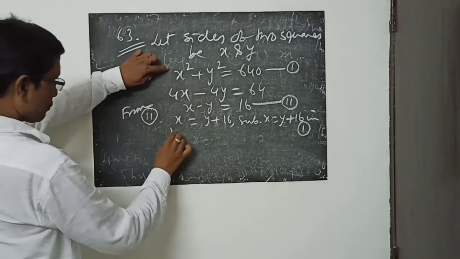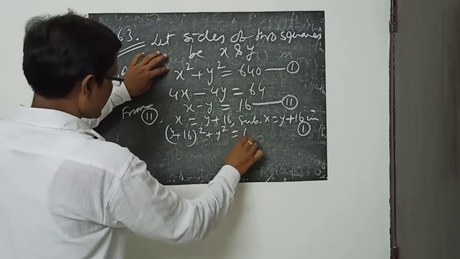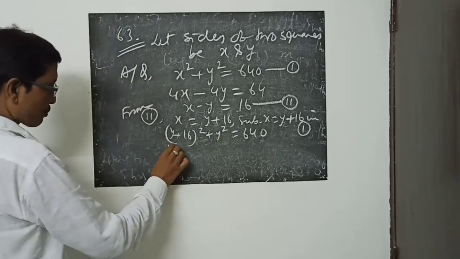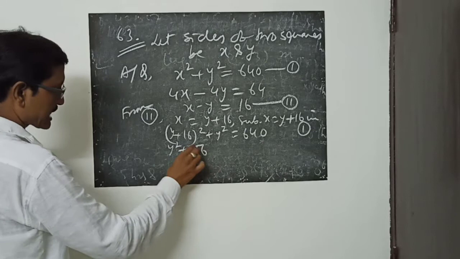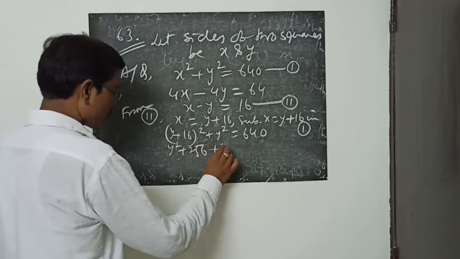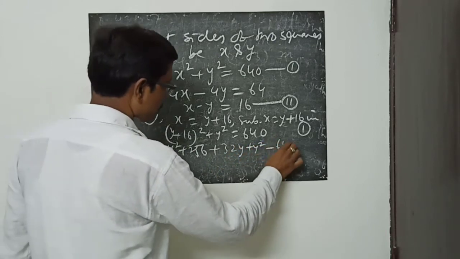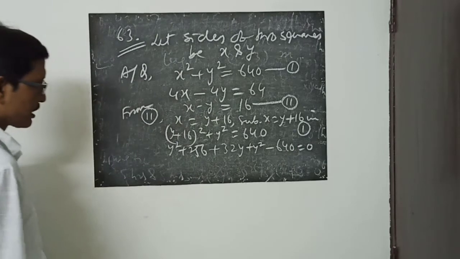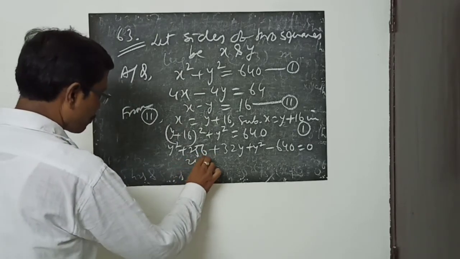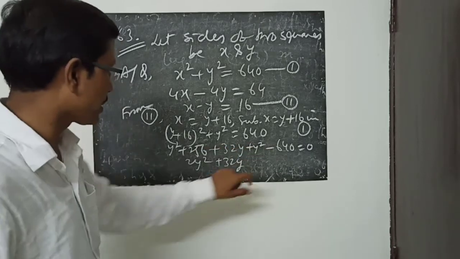What will we get? (y plus 16) whole square plus y square equal to 640, or y square plus 256, since 16 square is 256, plus 32y plus y square minus 640. Taking this to one side, ultimately 2y square plus 32y plus 256 minus 640.